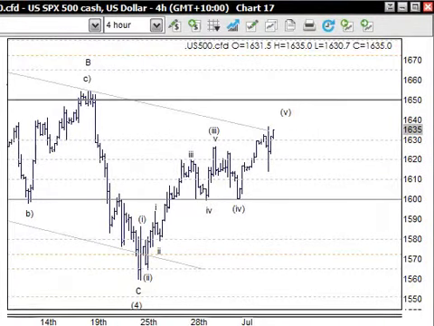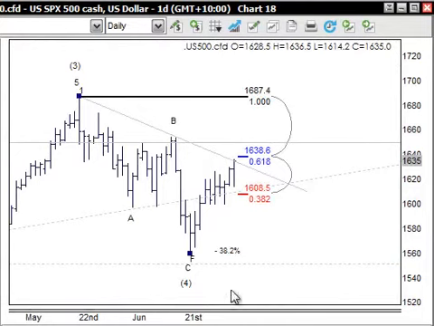Going back here a little bit, we've labelled this as a wave 4, but we're also mindful that this whole correction in terms of time is still small. A wave 4 of this intermediate degree needs to be twice as large as this.